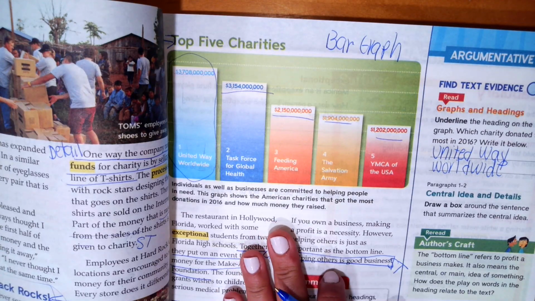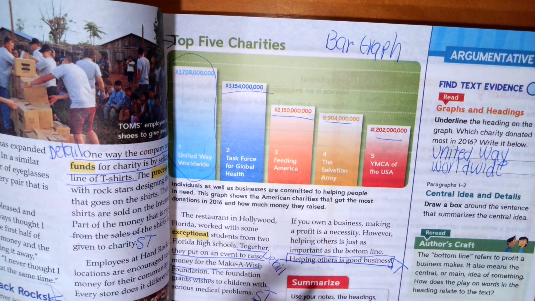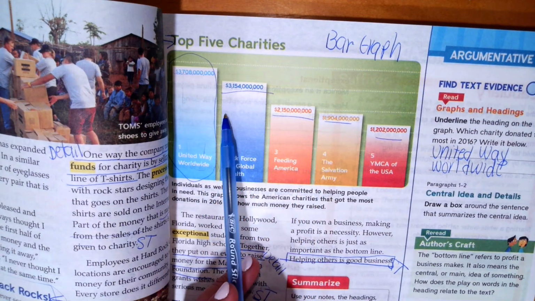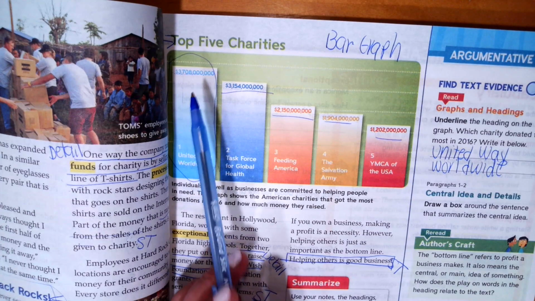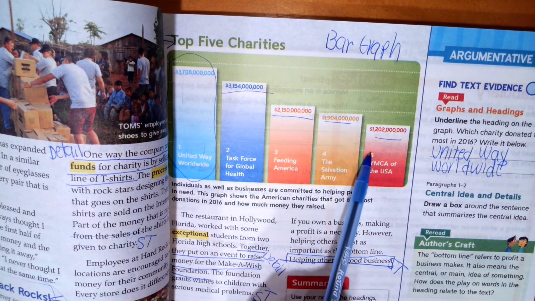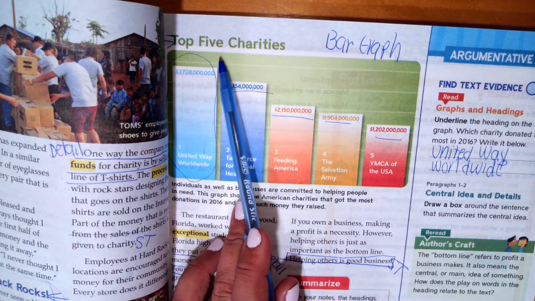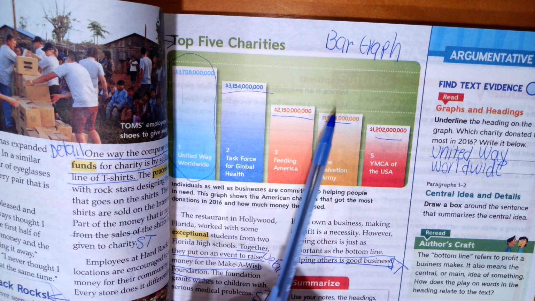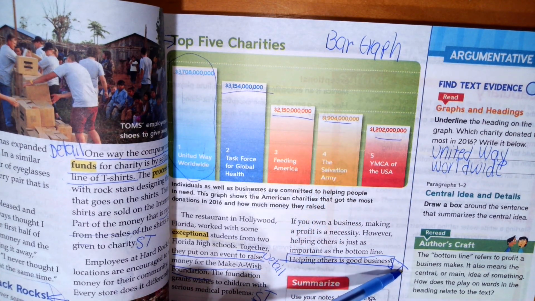Okay? So I want to remind you that in an argumentative text such as the one that we are reading, authors use text features to make a point. Now, why do you think the author included this graph? Sometimes reading the title and looking at the information helps us answer this question. Because I see the title is Top 5 Charities, I know this is going to be related to charities, which is what we talked about in the book.